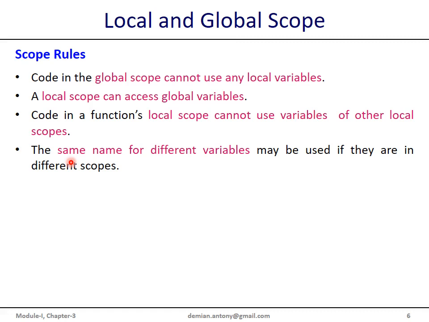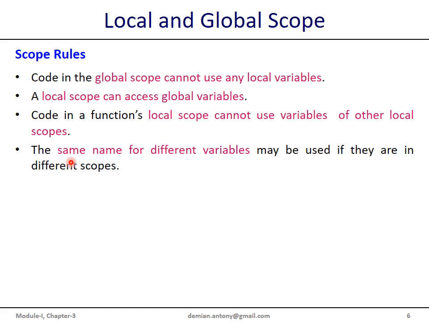But we cannot have multiple variables x in a single local scope. We can define x in multiple local scopes, x in one function and x in another function. It is possible because the variable x is found in different scopes, either different local scopes or a local scope as well as the global scope.